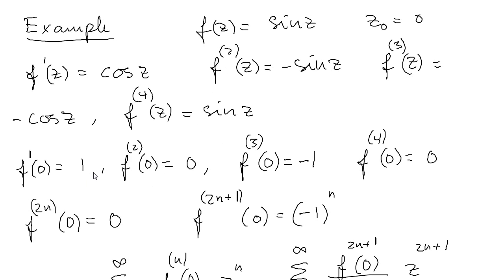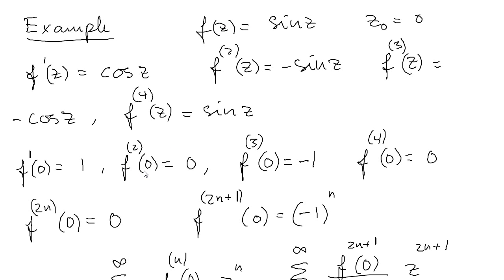So what does this mean? Well, we are going to insert the value z0 equal to 0 into these expressions, and then we obtain that the first derivative at 0 is equal to 1. The function itself at 0 is equal to 0, of course.